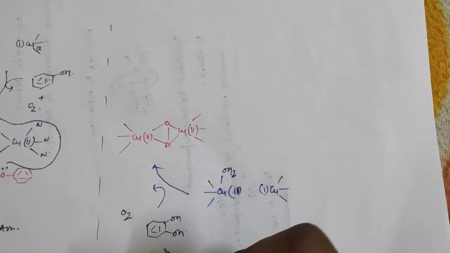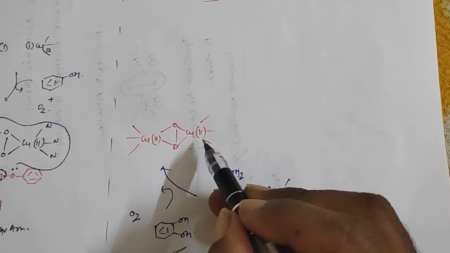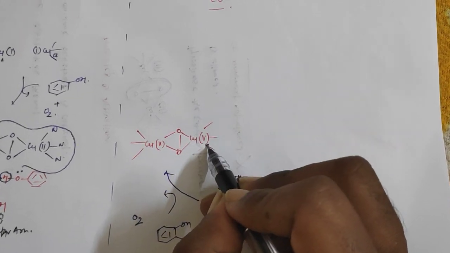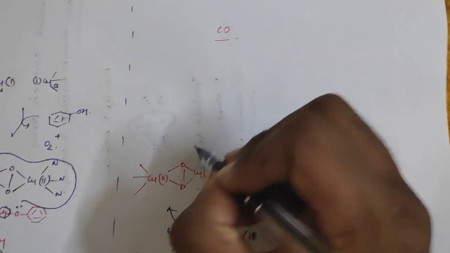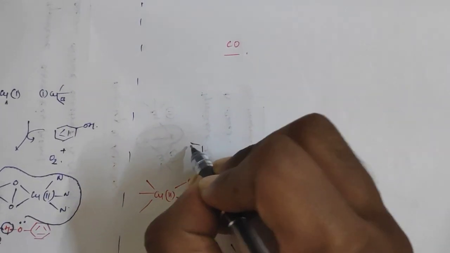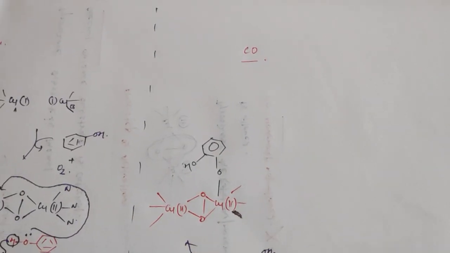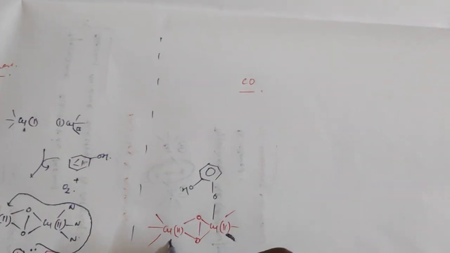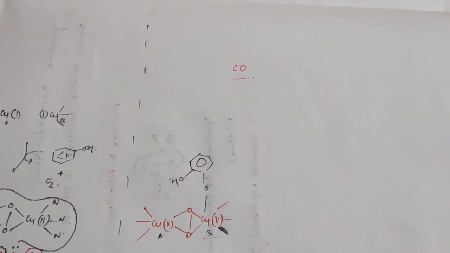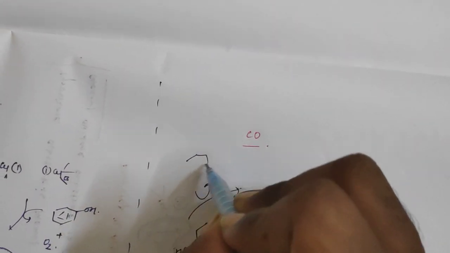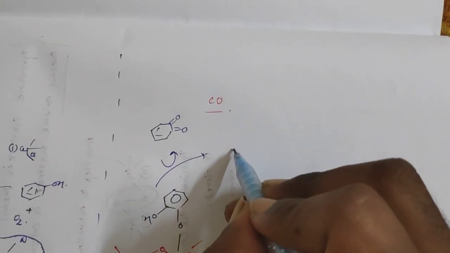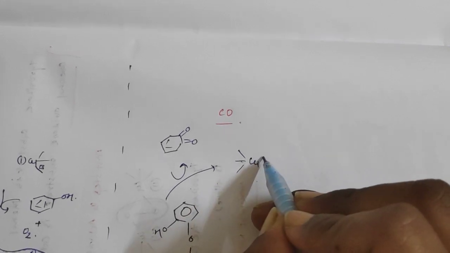So now in order to coordinate with the catechol, copper has to lose one coordination site, so this will not be there anymore, and the O part of the catechol will coordinate with that copper B. Okay, so like this one, so copper A and copper B, and again what will happen, we will be getting our desired product like this, and the fate of this compound will be N-histidine, N-histidine, copper 2.